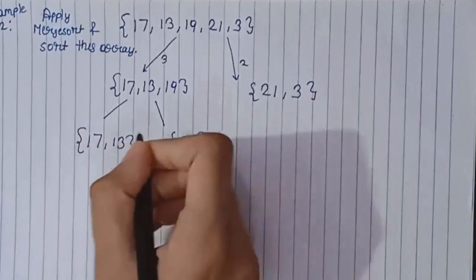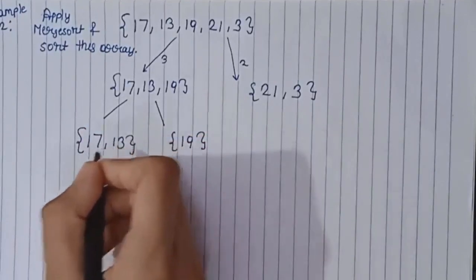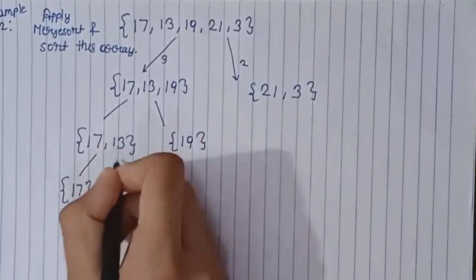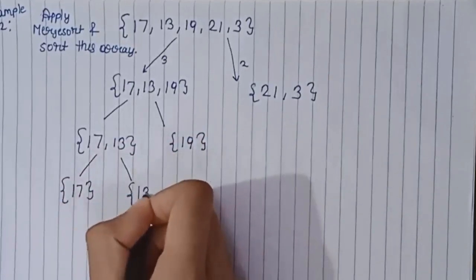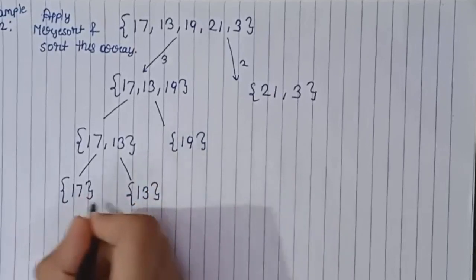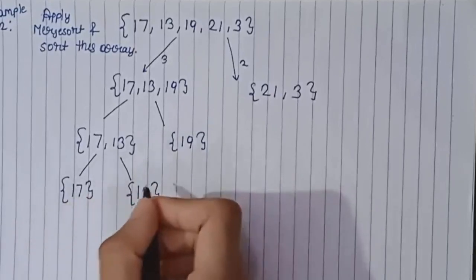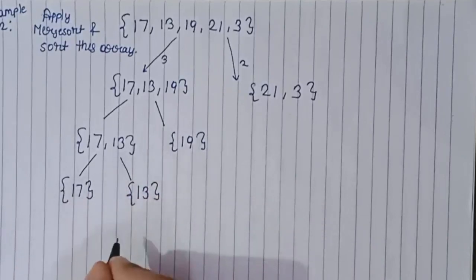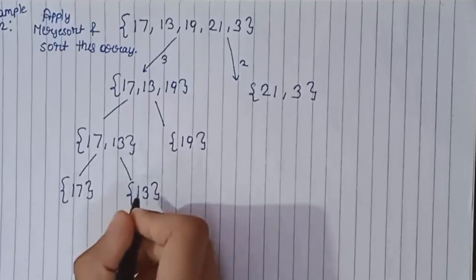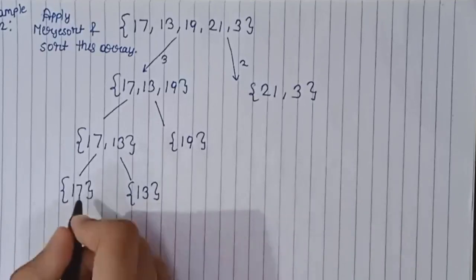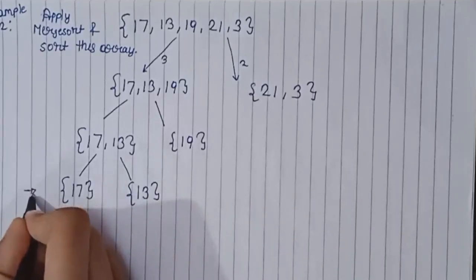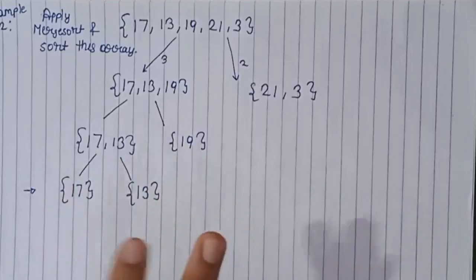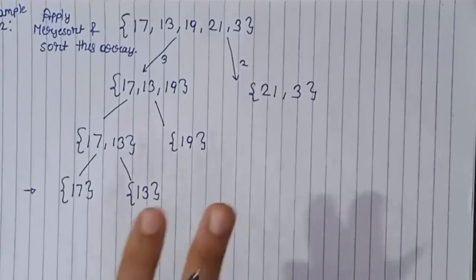Now this is not a single element array, so this array will get divided into two sub arrays, which are 17 and 13. Now you can note that these two arrays can't be subdivided anymore, and since these are single element arrays and single element arrays are sorted arrays, at this step I have got two sorted arrays.